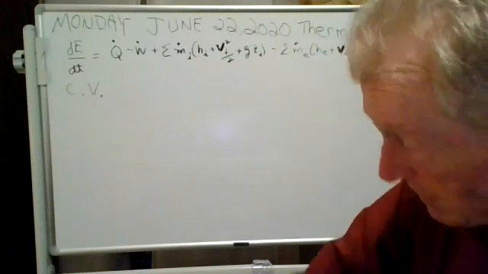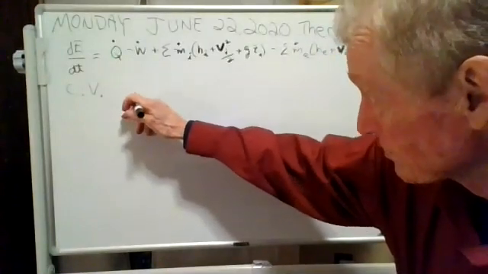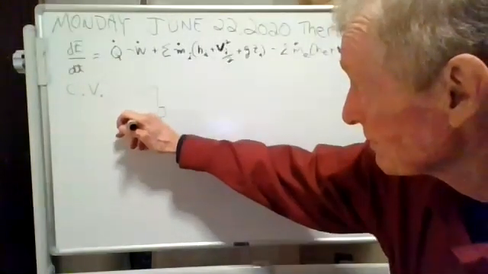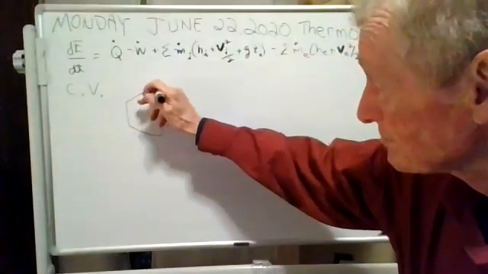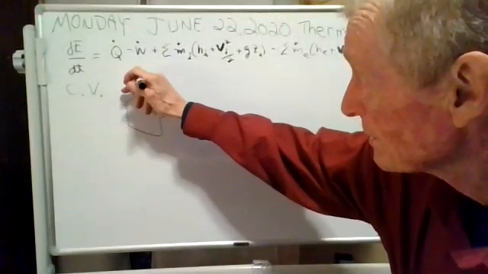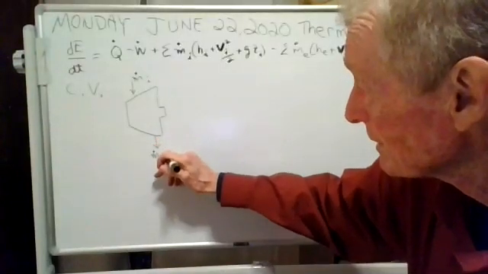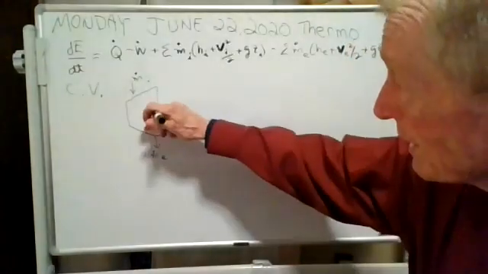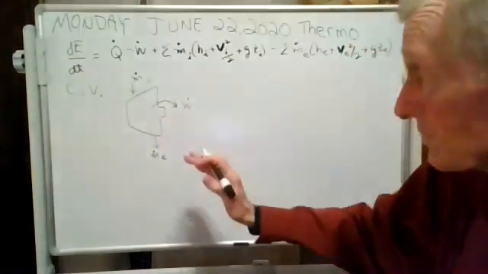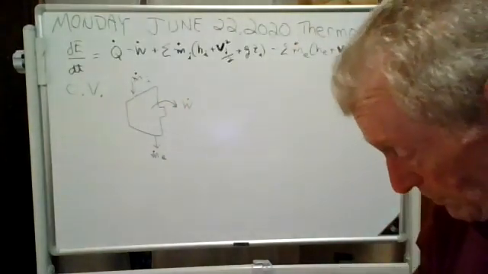And today's topic is a particular control volume called a turbine. Now here's the symbol for the device sketch, and you have m dot i coming in and m dot e going out, and you have an output of power going out, and we're going to do a problem.